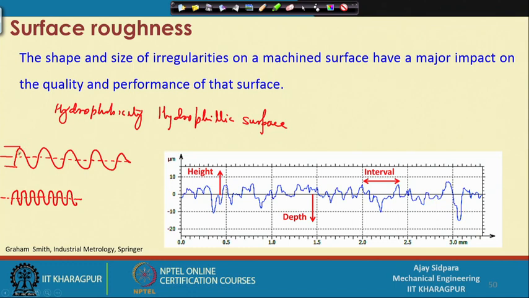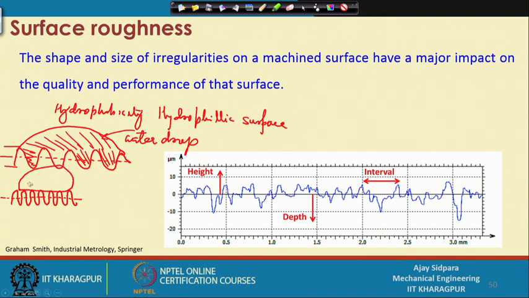Now, this is the water drop; the water drop will spill and cover everything, and this will be completely filled with the water drop. If you put the water drop here, the water drop will stay on the surface.